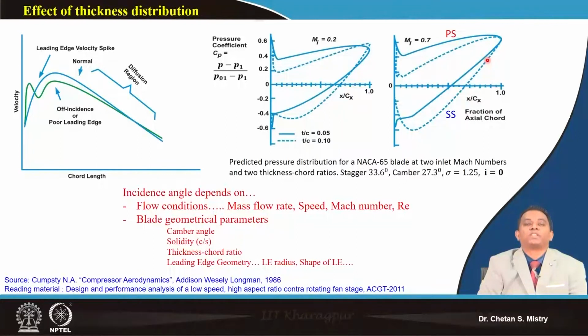All of that gives me the variation of delta beta at the entry from hub to shroud and at the exit from hub to shroud. With all this data, what we need to do is feed it for a particular kind of aerofoil, because that is my requirement.